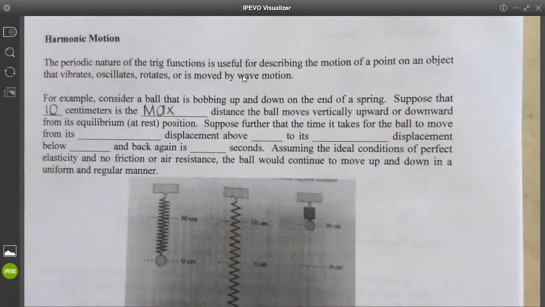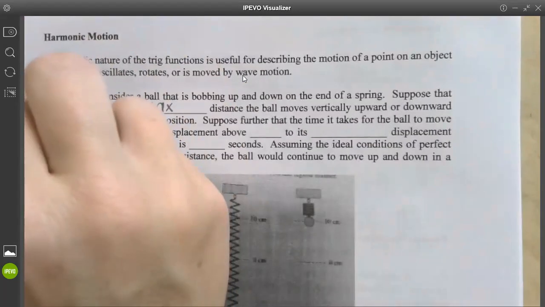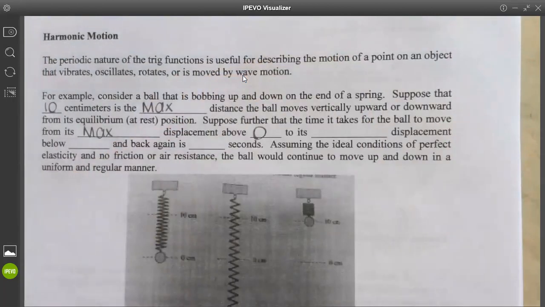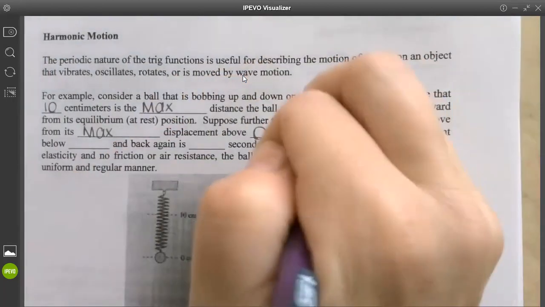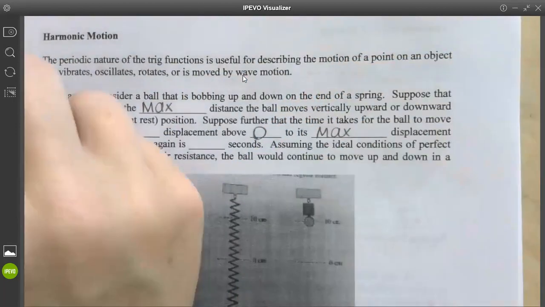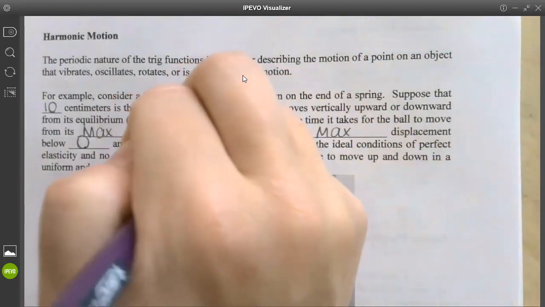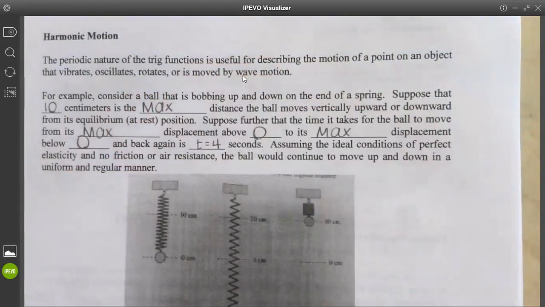Suppose further that the time it takes for a ball to move from its max displacement above zero to its max displacement below zero and back again is t equals 4. So if you're thinking about a yo-yo, from the time the yo-yo is at the top of your hand till you drop it and it comes back up to the top of your hand, that full motion.